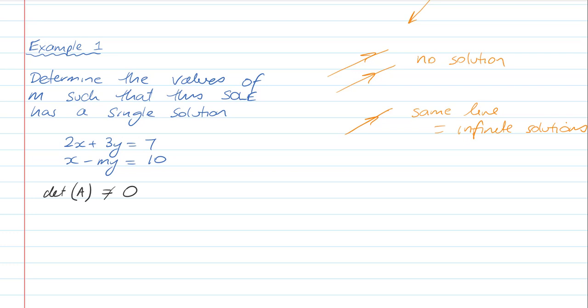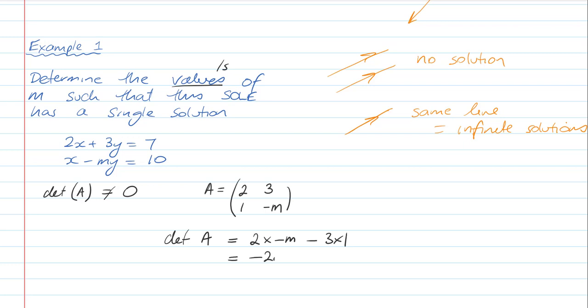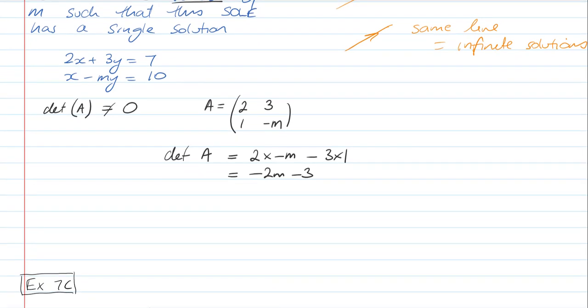It might be written in the exam as 'determine the values'. Anyway, A is the coefficient matrix, which in this case is 2, 3, 1, negative m. That means the determinant of A is equal to 2 times negative m minus 3 times 1, which is negative 2m minus 3. And we want this to not equal 0.